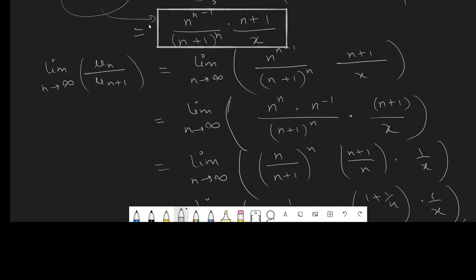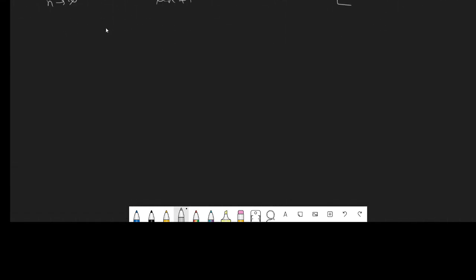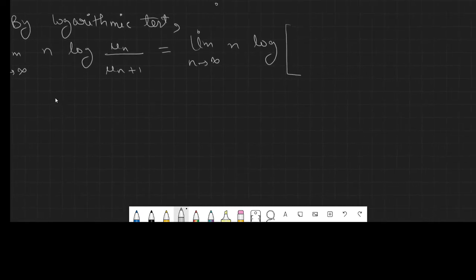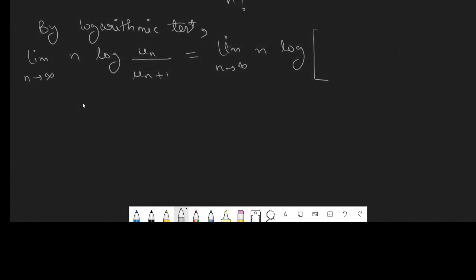This is the series, right? So we write that down here, then we don't need to simplify further. So it will be n log of n^(n-1) divided by (n plus 1)^n e multiplied by n plus 1. Okay, so now we'll simplify it and find out the answer.